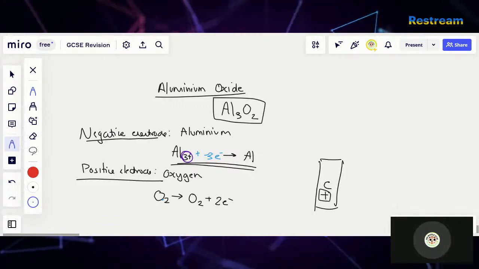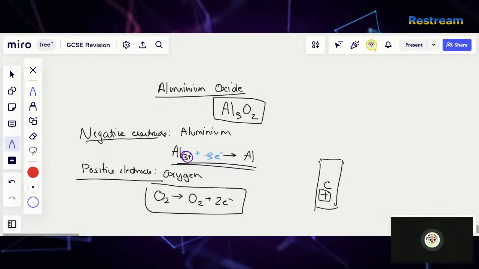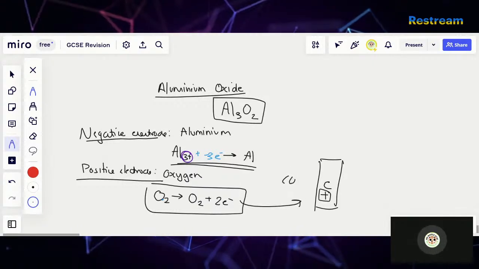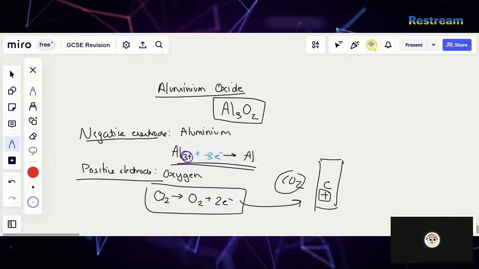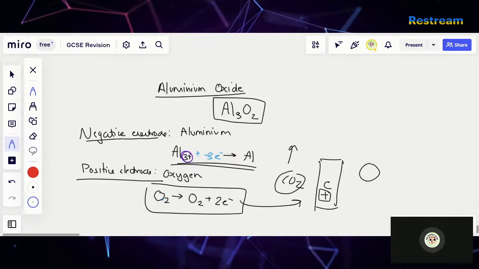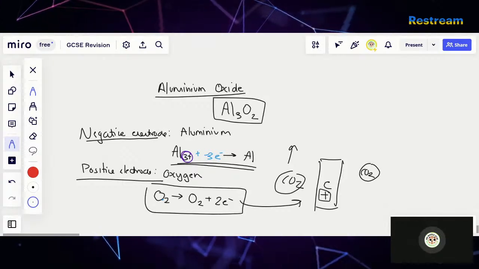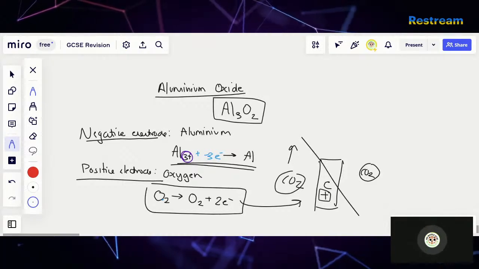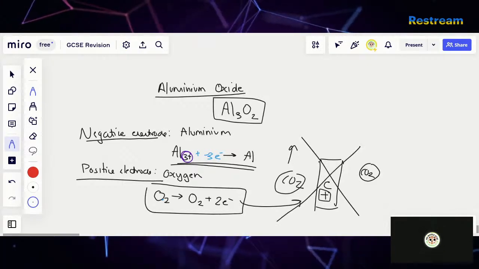The reason why carbon shouldn't be used is because here you can see we have oxygen, and here we have carbon. So as it attracts this, it forms carbon dioxide gas, and then it floats and wears away really easily, as well as the fact that carbon dioxide is not really good for our atmosphere. That's why we warn against using carbon electrodes.